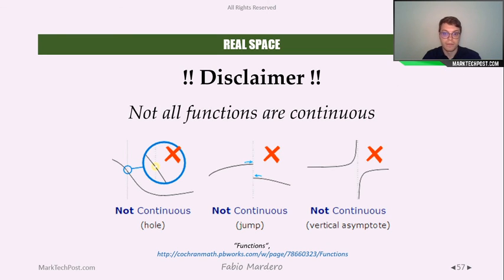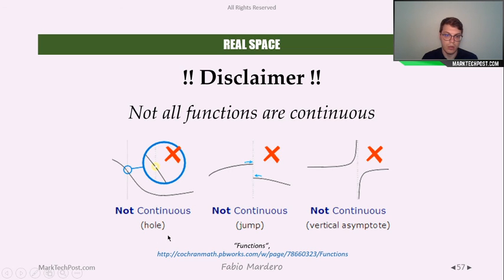For example, this function in the middle is not continuous, and we've seen that the function is continuous if it has a limit there. If we compute the right-hand limit, we find that this value is L. But if we compute the left-hand limit, we find this other value, and these two values are not the same. It means that here we cannot compute the limit. The limit does not exist, and then the function is not continuous.